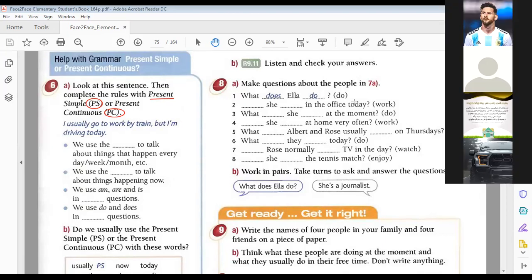Yes, the first one. We use the space to talk.